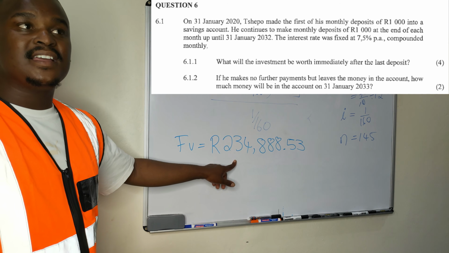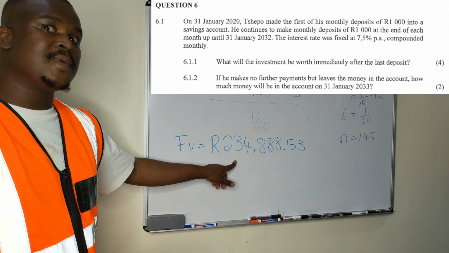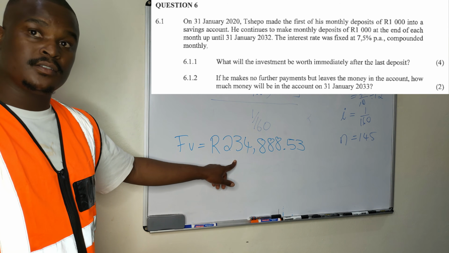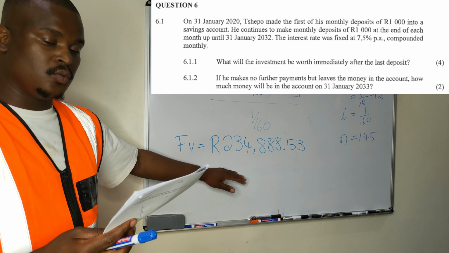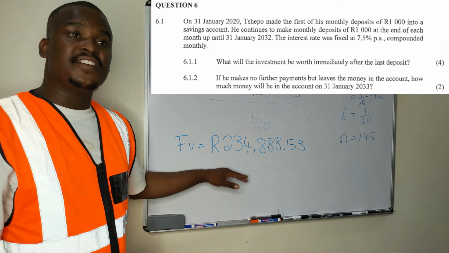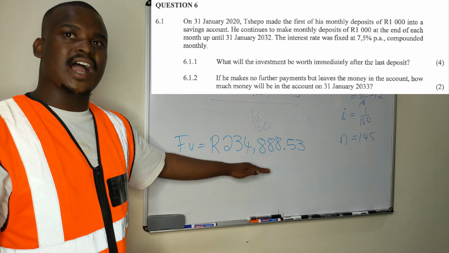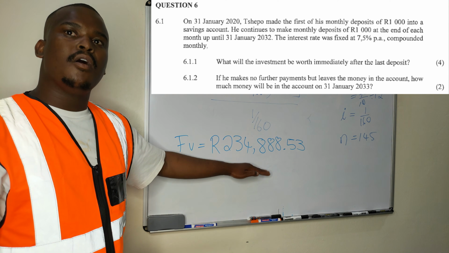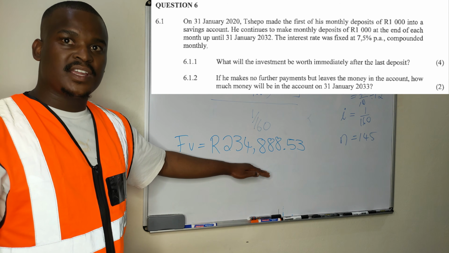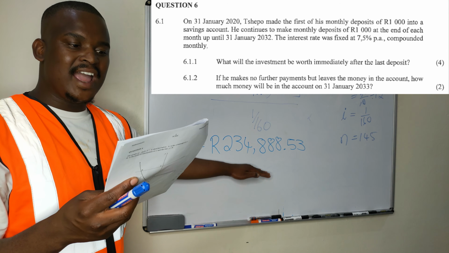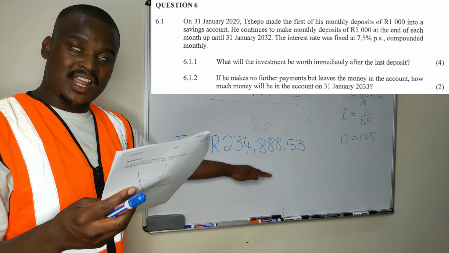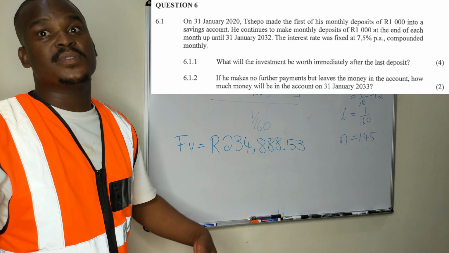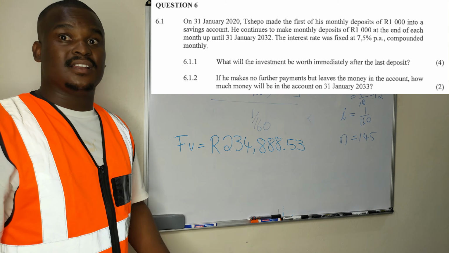Now they're saying, let's suppose that he does not make any further payments after this period, which is the end of January 2032. They're asking, if he lets that money stay in that account, how much will it be worth at the end of January 2033, which is 12 months later?